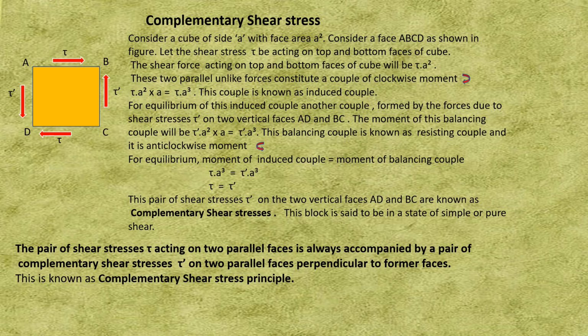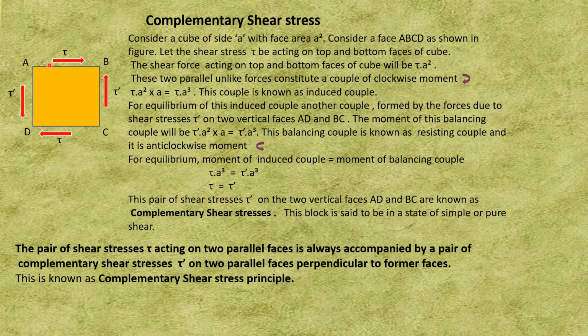Now let us try to understand what a complementary shear stress is. This is the figure here. This is the block A, B, C and D. Consider this is a cube of side a with face area a square. Consider the face ABCD as shown in the figure. Let the shear stress tau be acting on the top and bottom faces of the cube.